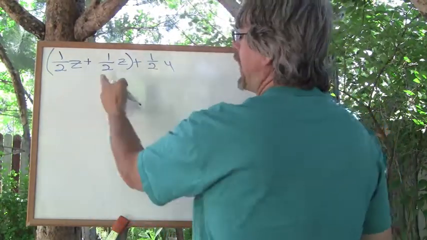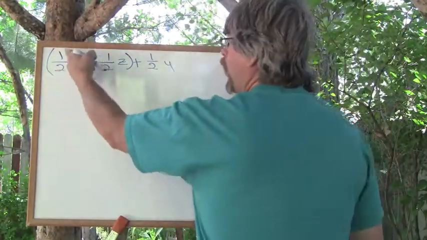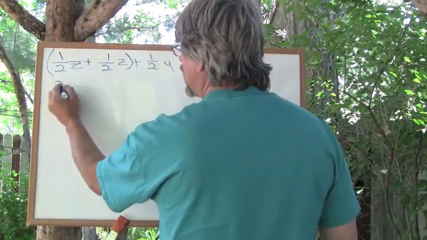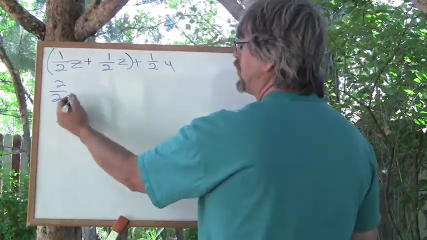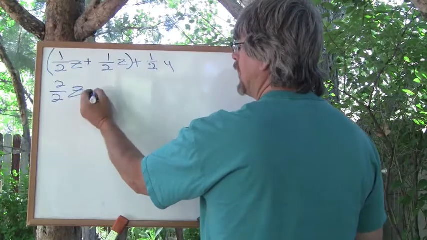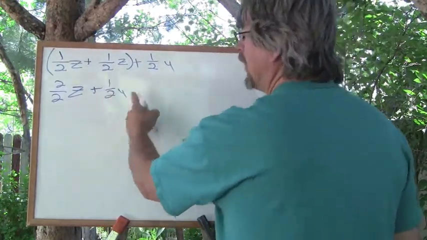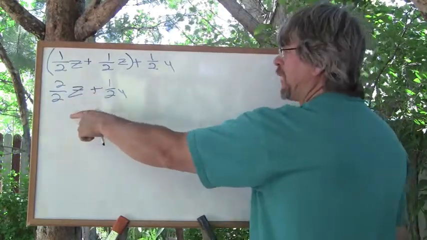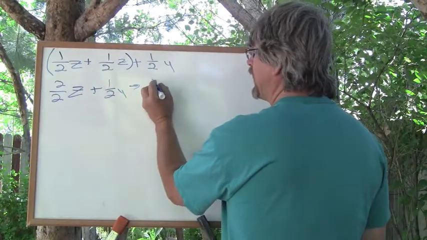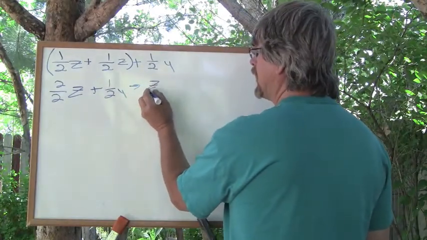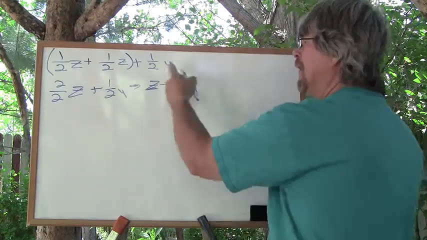We have common denominators, which makes this relatively easy. So 1 plus 1 is 2, and we bring the denominator across. So this is 2/2 z plus 1/2 y. Well, 2/2 is just simply 1. We can leave the 1 out, so this becomes simply z plus 1/2 y.